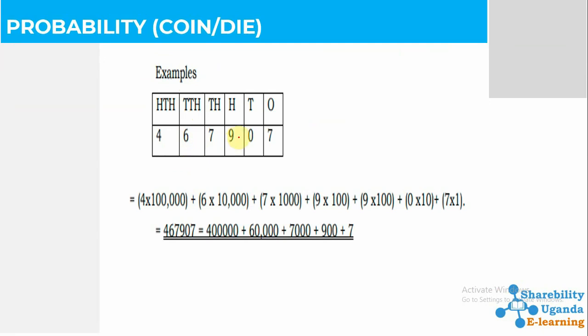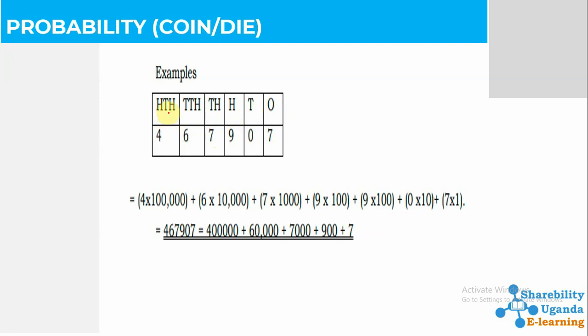After we have given them place values, 7 is in the place value of 1, 0 is in the place value of 10, 9 is in the place value of 100, 7 is in the place value of 1000, 6 is in the place value of 10,000, and our 4 is in the place value of 100,000.